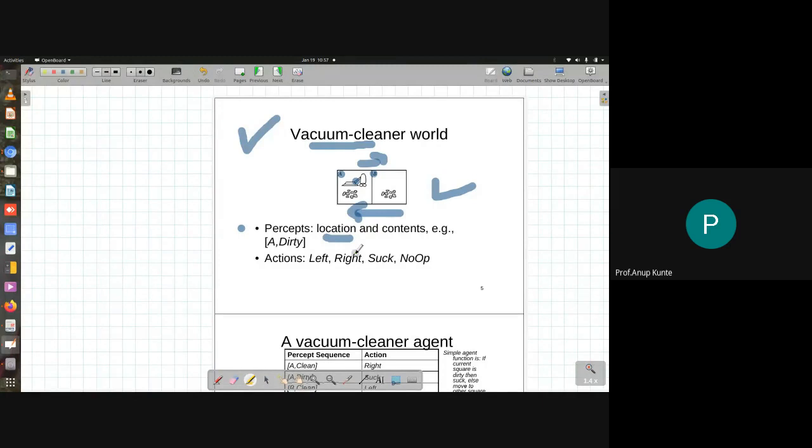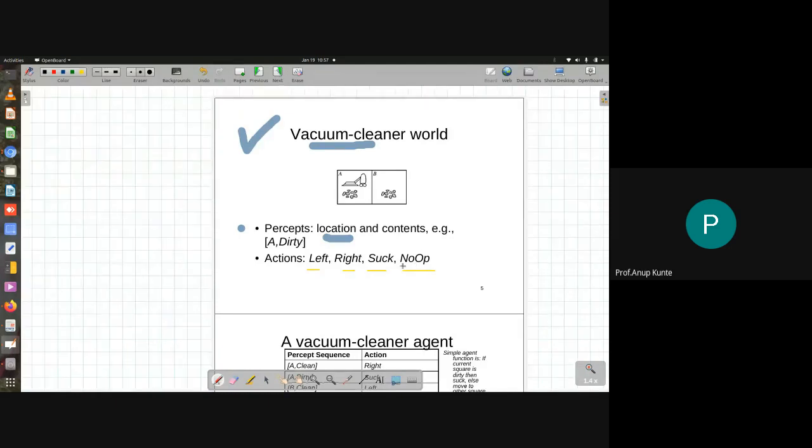Now in this given scenario that is in front of you, you see that the agent is in room A and there is some dirt in room A. There is no agent in room B and there is dirt in room B. So now if you see, this is the sequence of actions that the agent is performing: left, right, suck, no op.